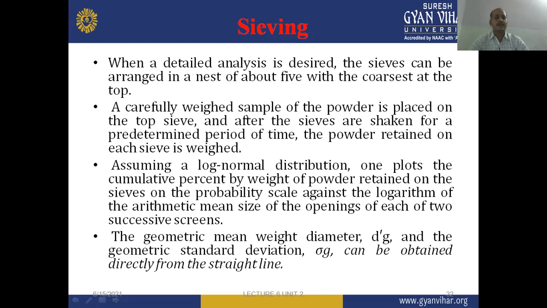Then, assuming a log normal distribution, one plots the cumulative percentage by weight of powder retained on the sieves on the probability scale against the logarithmic value of the arithmetic mean size of the openings of each of two successive screens. The geometric mean weight diameter dg and the geometric standard deviation sigma g can be obtained directly from the straight line plotted on the curve.